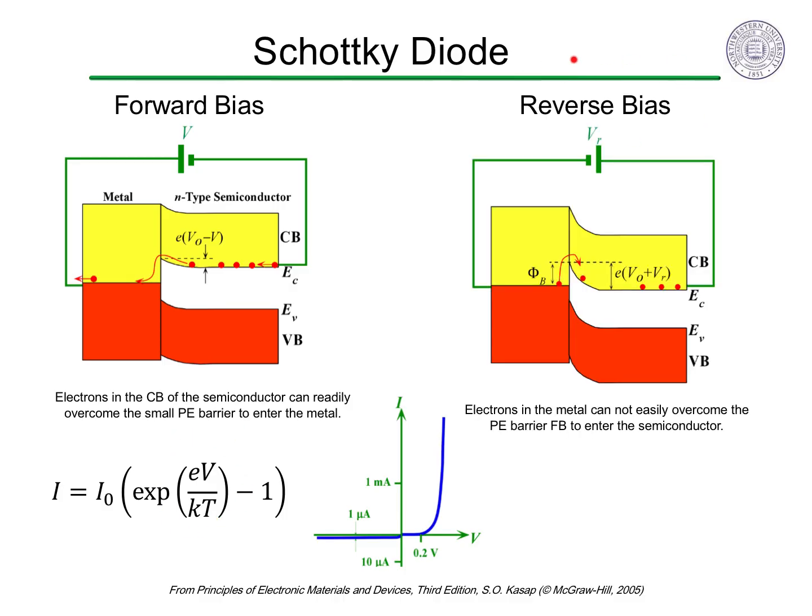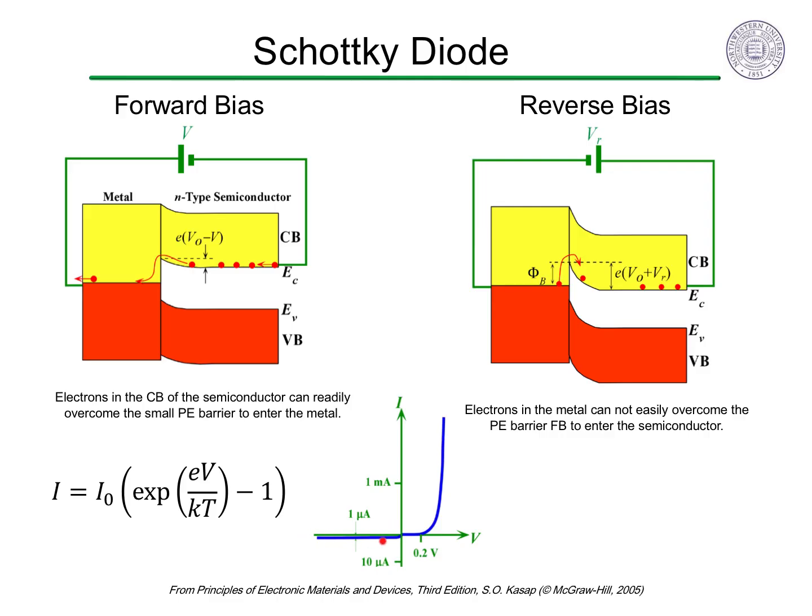Under reverse bias, the electrons must move from the metal to the semiconductor. In this direction, the barrier is due to the band offset at the junction, as opposed to the built-in voltage, and so the barrier is not reduced in reverse bias. Thus, electrons in the metal cannot easily overcome the potential energy barrier phi b to enter the semiconductor.